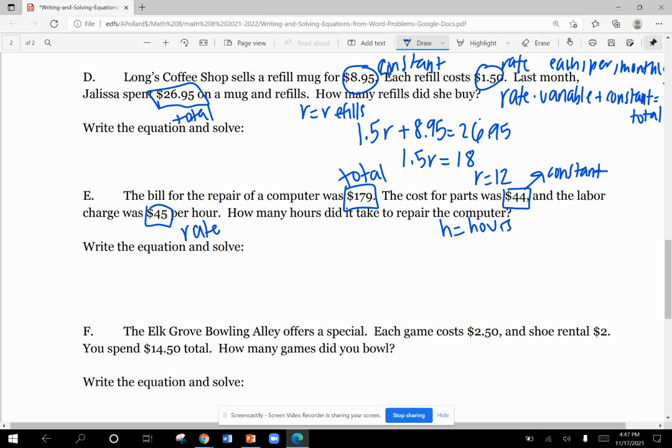This has the word per, so that has to be our rate, so that leaves this being the constant. So we have 45 H plus 44 equals 179. Subtract 44, we get 135. Divide by 45, we get 3 hours. So it took 3 hours to repair the computer.